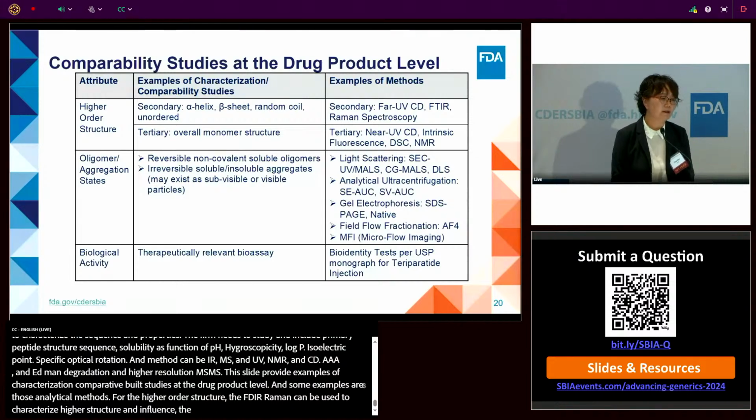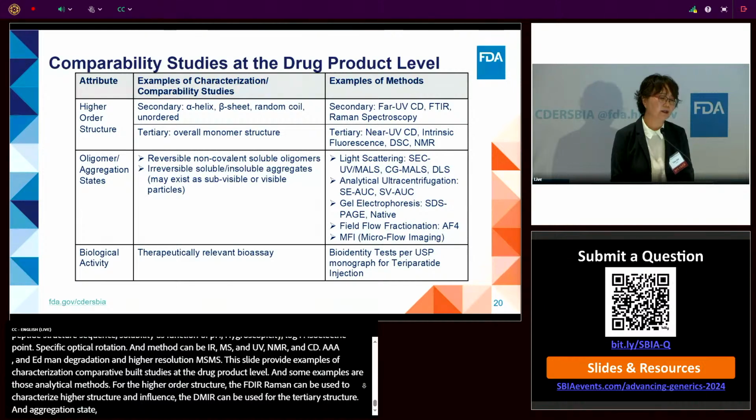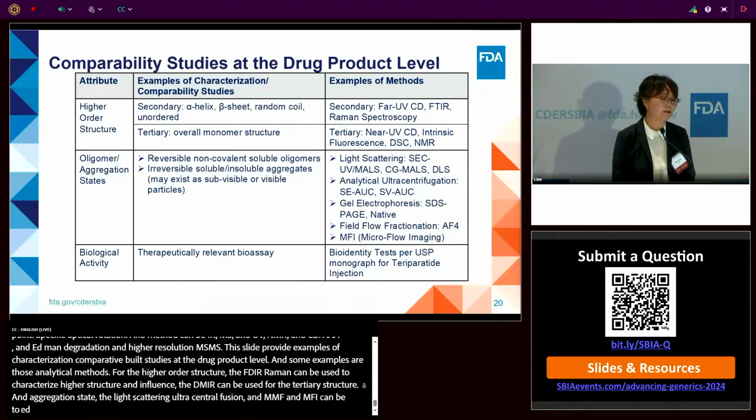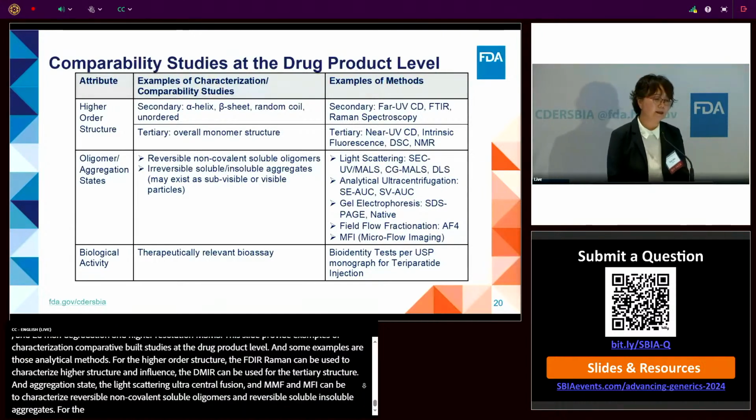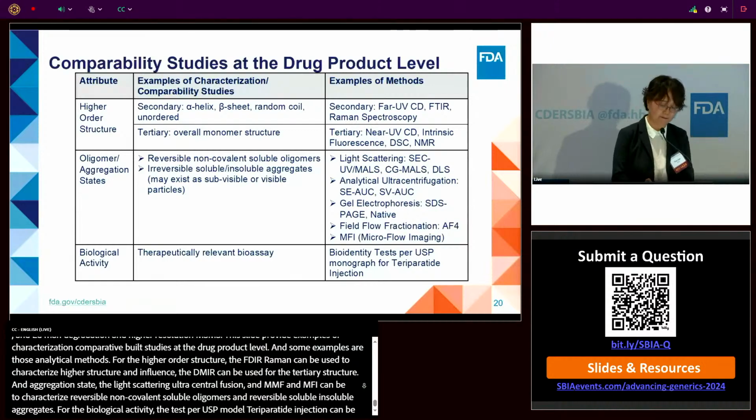For the oligomer aggregation states, light scattering, analytical ultracentrifugation, gel electrophoresis, FFF, and MFI can be used to characterize reversible non-covalent soluble oligomers, and also those irreversible soluble and insoluble aggregates. For the biological activities, bioidentity tests per USP monograph for teriparatide injection can be used in the therapeutically relevant bioassay.